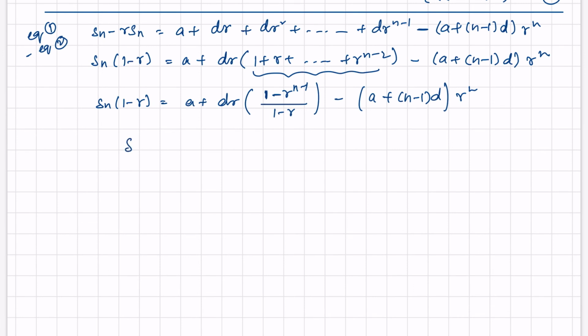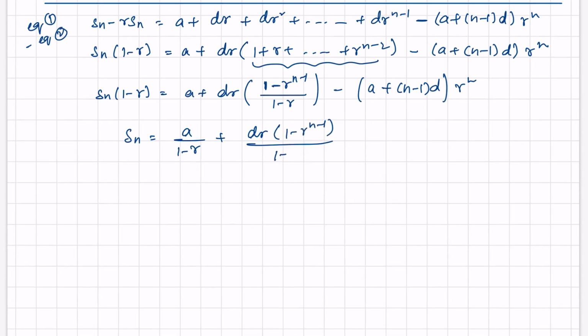Now the sum of n terms Sn equals a by 1 minus r plus dr into 1 minus r power n minus 1 by 1 minus r whole square minus a plus n minus 1 into d r power n by 1 minus r.